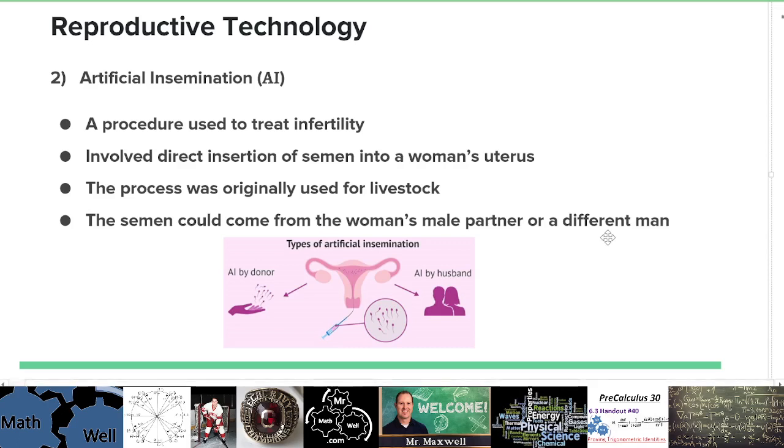This happens, and it is a very scientific, technical process where doctors would insert semen from someone else. So semen from wherever gets inserted into the uterus for hopeful conception and pregnancy.